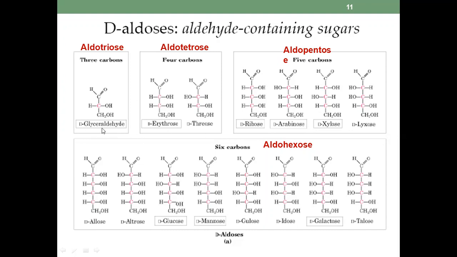Of course, expect that there is a chiral center, and what we've learned in organic chemistry is that having chiral centers, there are different stereoisomers that can be made with the formula 2 to the n, where n is the number of chiral centers. You learned that in organic chemistry. So here you have one chiral center, you expect 2 stereoisomers possible. Here you have 2 chiral centers, you expect 4 stereoisomers possible.